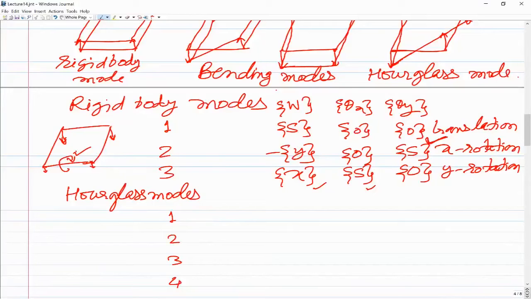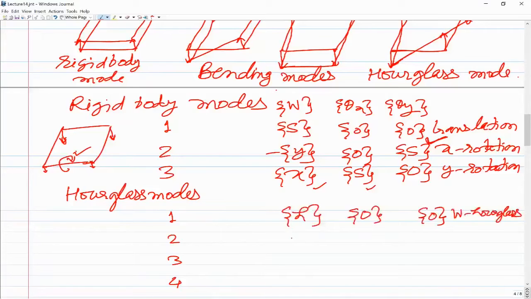Now if you look at the hourglass modes, one is the hourglass in W, so that would be h. Alternately W is plus and minus at the nodes, so that is the hourglass mode. And in this W hourglass mode, theta x and theta y would actually be 0. So this is W hourglass. Then you will have, let's say, theta x hourglass.